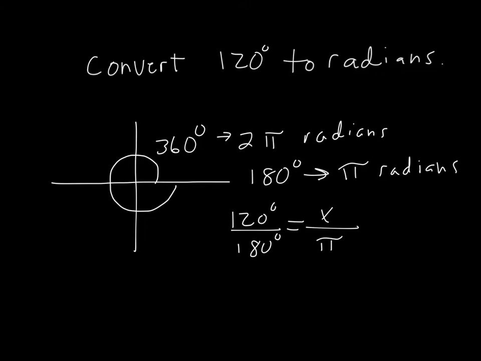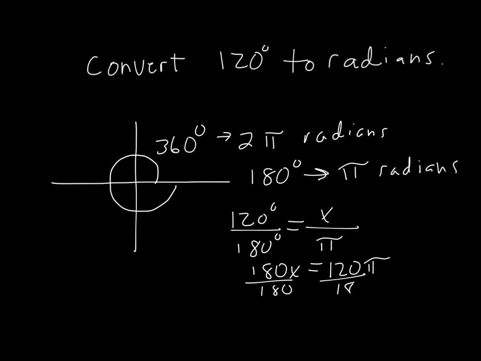So we get 180x equals 120 pi, just cross multiplying. And then to solve this, we divide by 180.